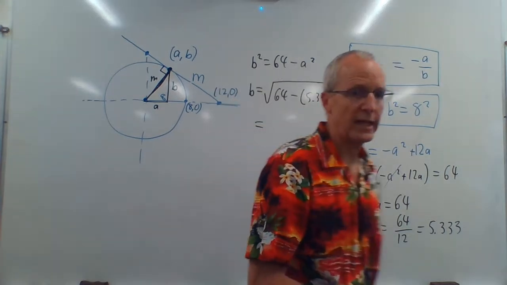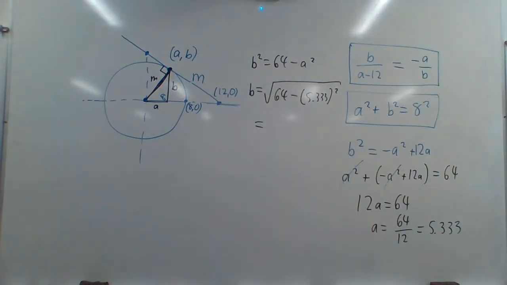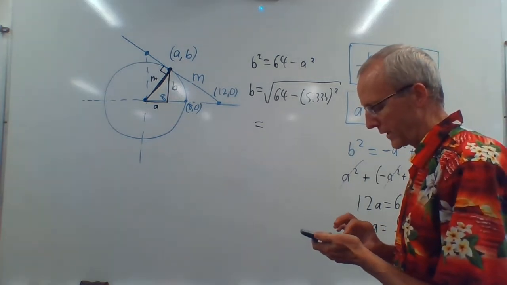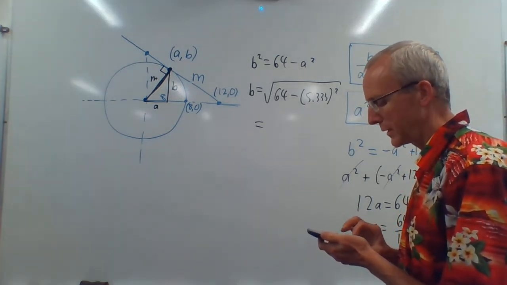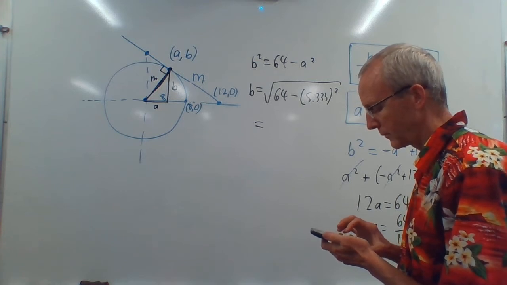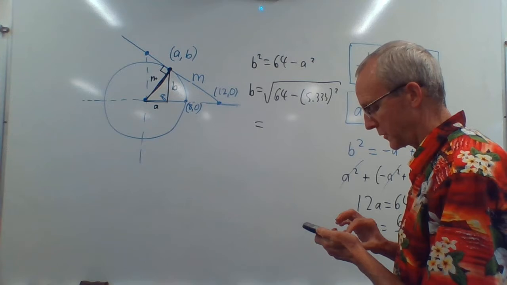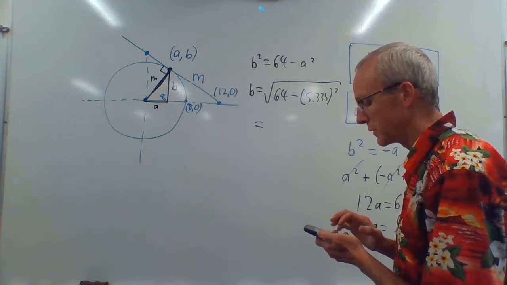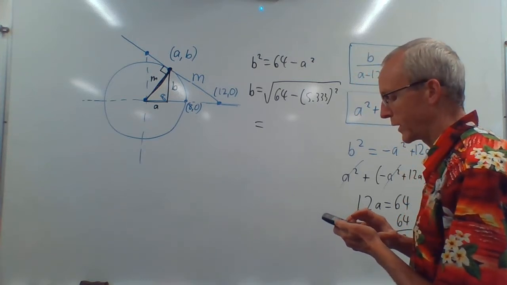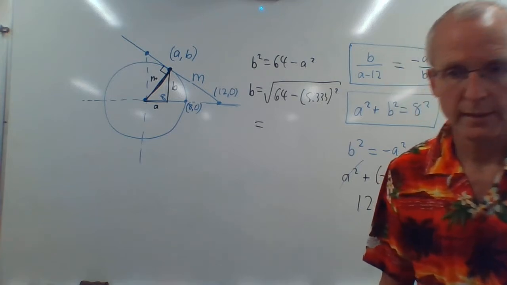So now it's calculator time. Keep lots of decimal places. 5.3333333 squared, subtracted from 64, square root. I get 5.963.